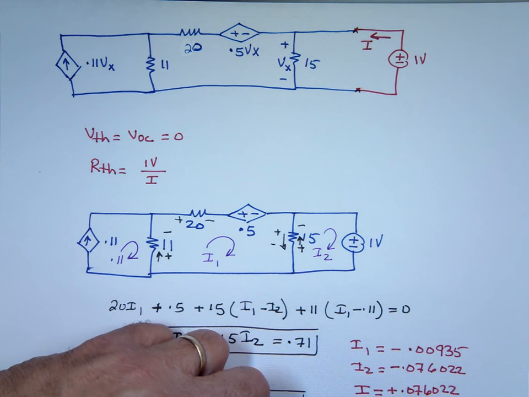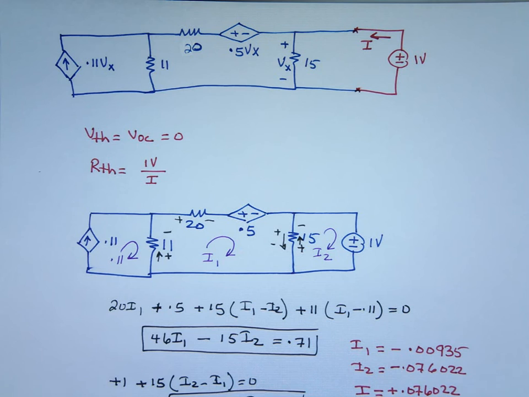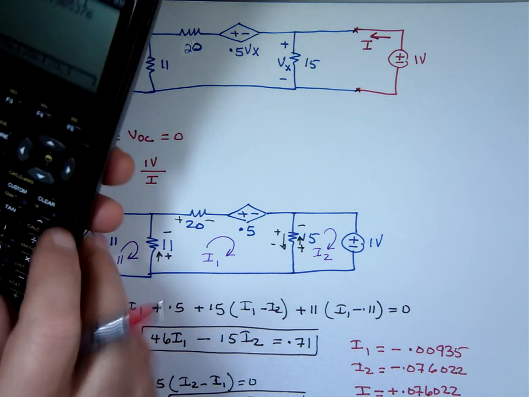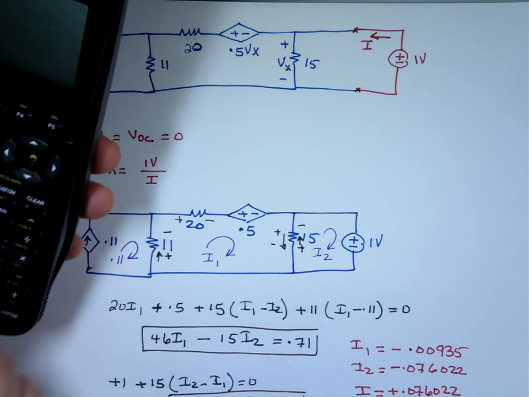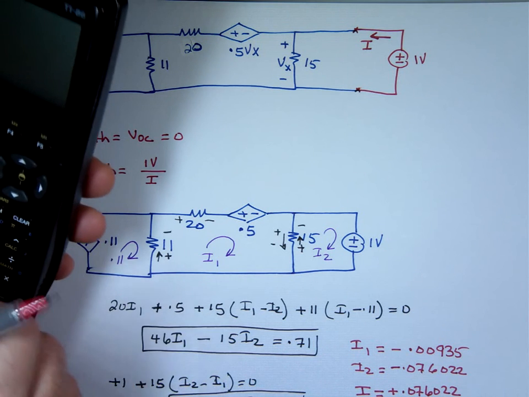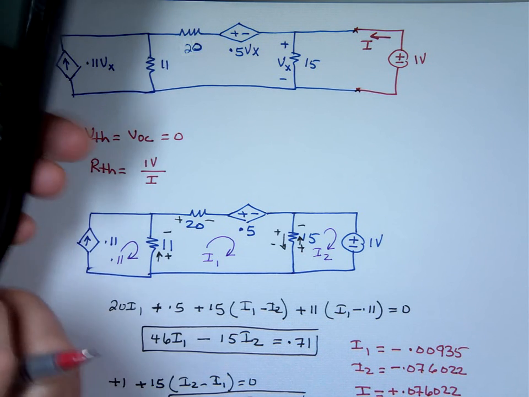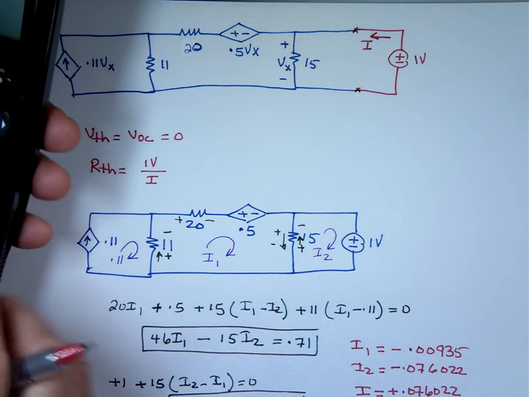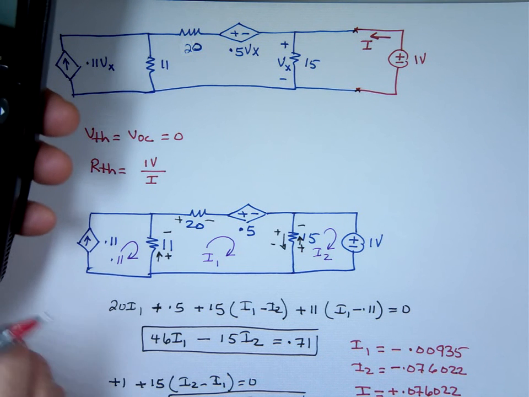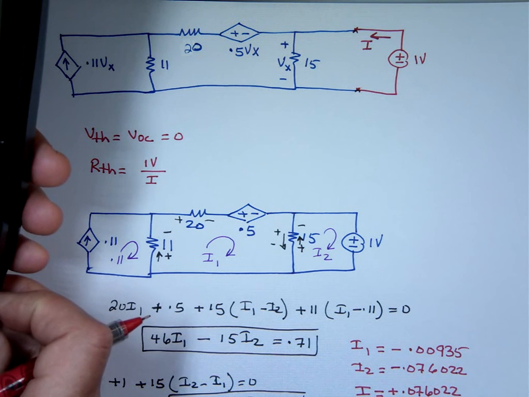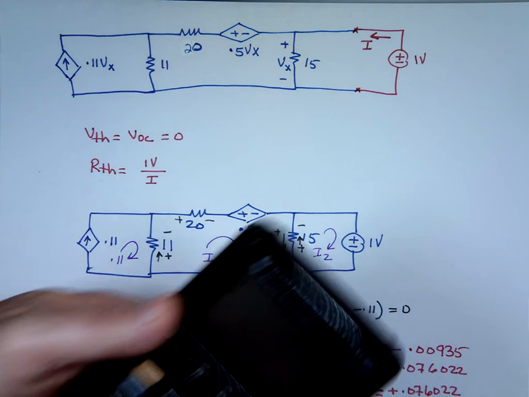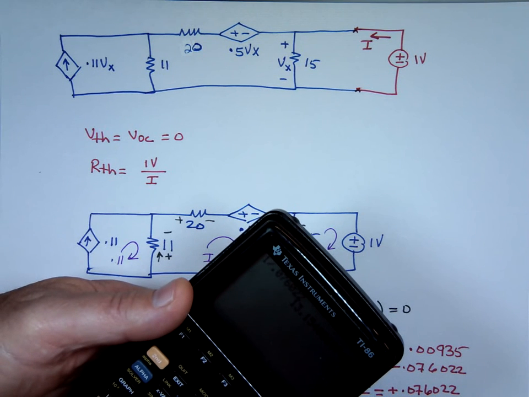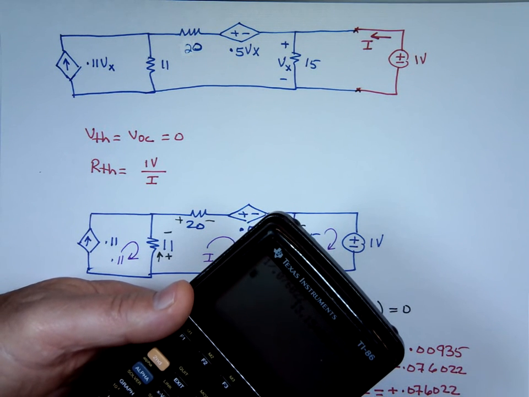It's 1 divided by 0.076022, and it's 13.15 ohm. So that's what R Thevenin for the circuit is.